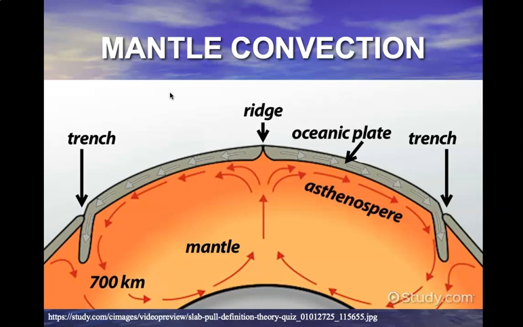But plate tectonics is and will be occurring as long as the heat is coming out of the center of the Earth, as long as we've got a molten mantle. You look at Mars, the moon no longer has plate tectonics going on, but they did.